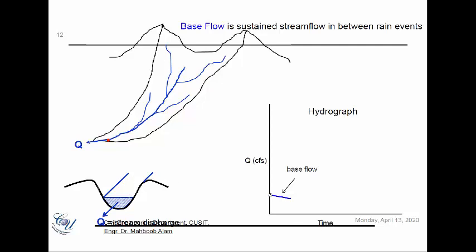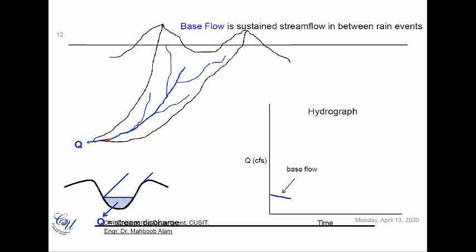This initial part of the curve is called the base flow. This base flow is basically the sustained stream flow of a certain river or a certain stream. You would have observed in your areas that even when there is no rain, there is a certain amount of water going in the river.